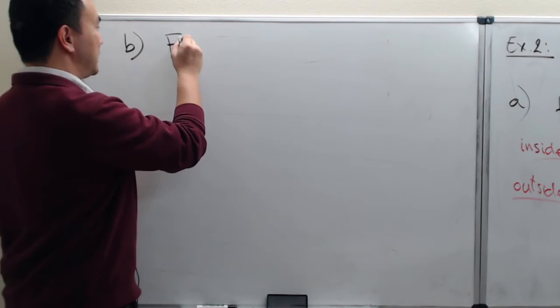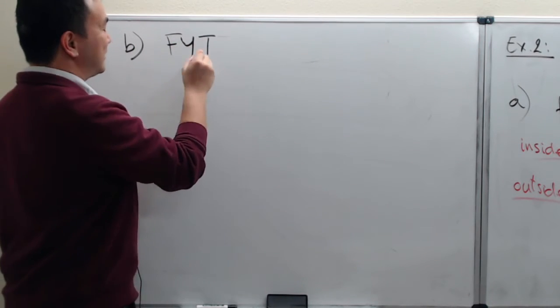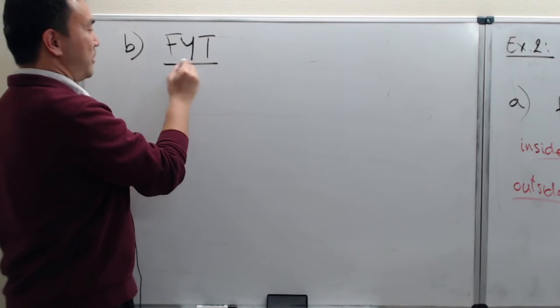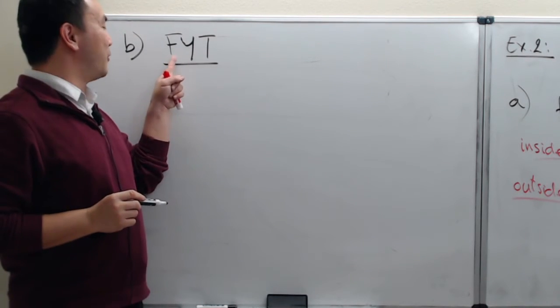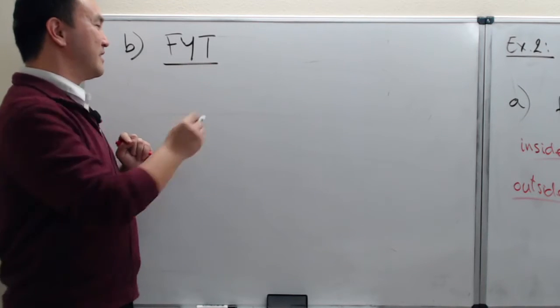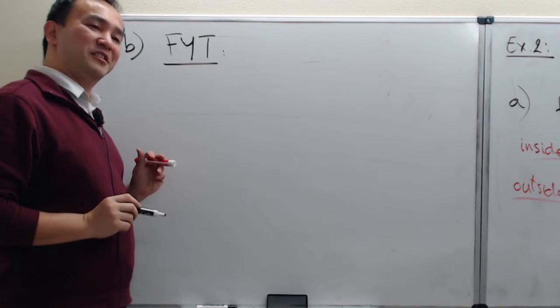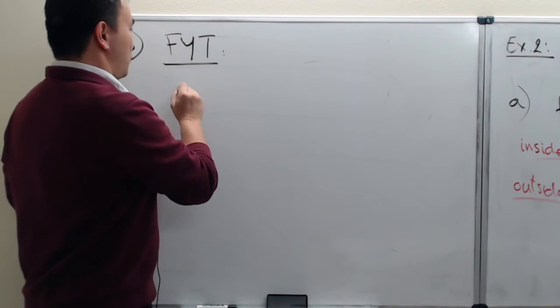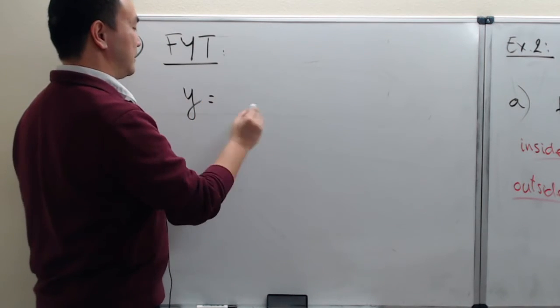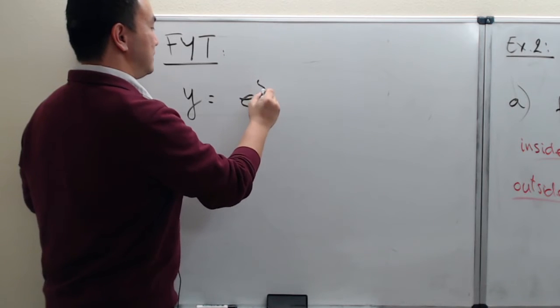I learned this style from one of my favorite professors back when I was in graduate school. I believe I've done this in some of my earlier lectures. So how about y equals e to the 5x.